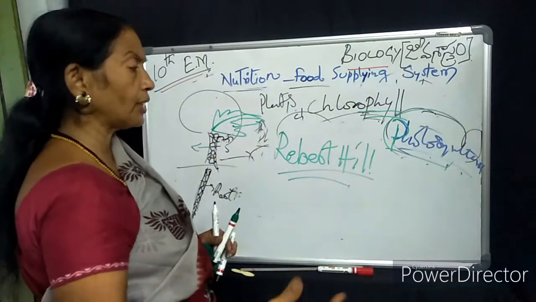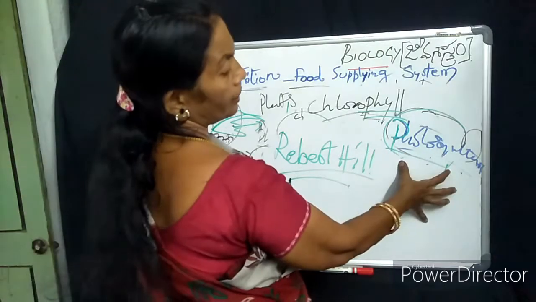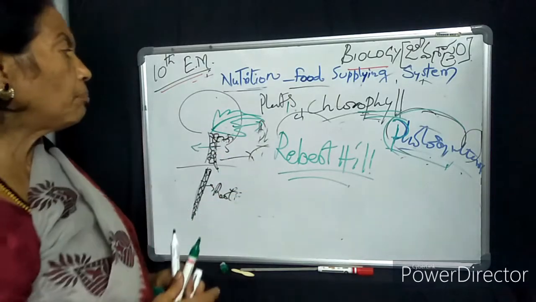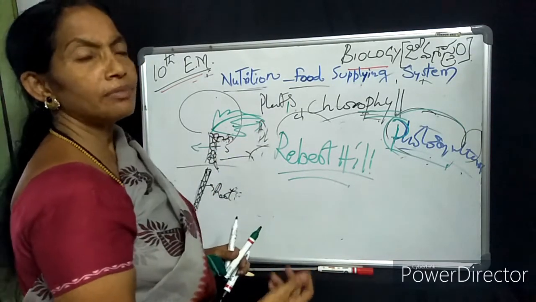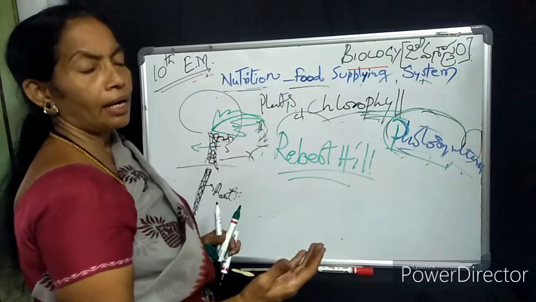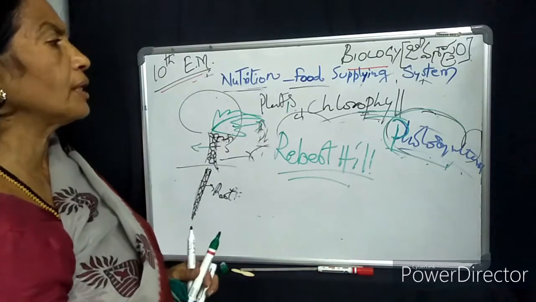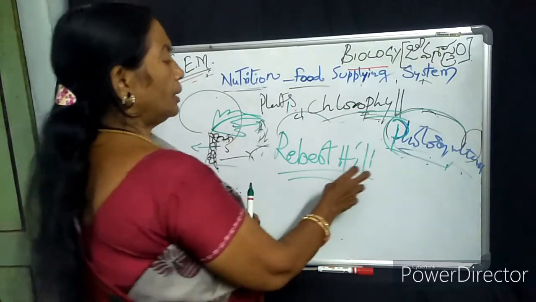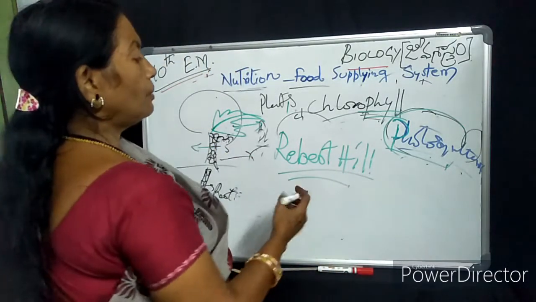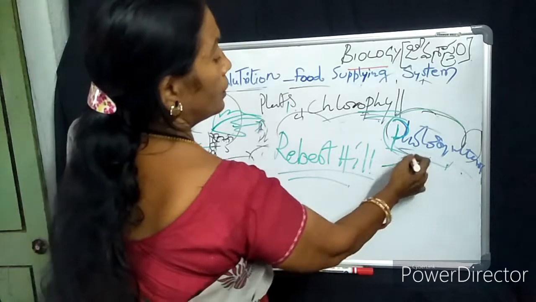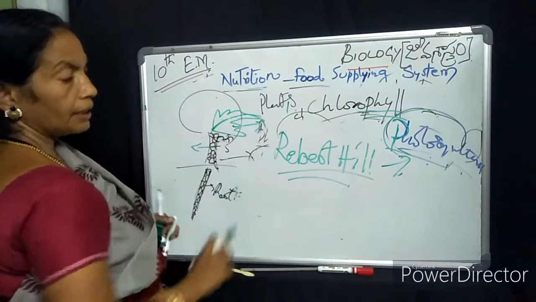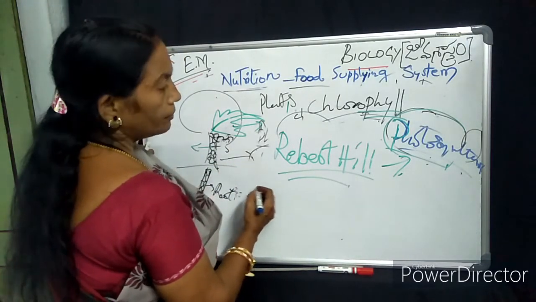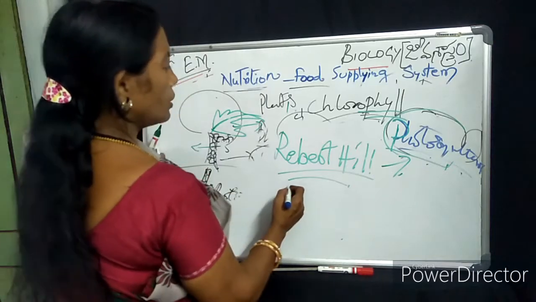He worked for years to get the correct information: how photosynthesis occurs in green plants, how they prepare their food for themselves, how carbohydrate, that means glucose or sugar, forms in plants and trees. So Robert Hill gave an equation, an explanation.